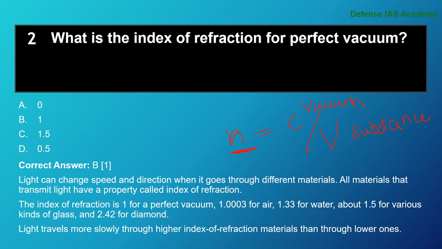Light travels more slowly through materials with a higher index of refraction than through lower ones.